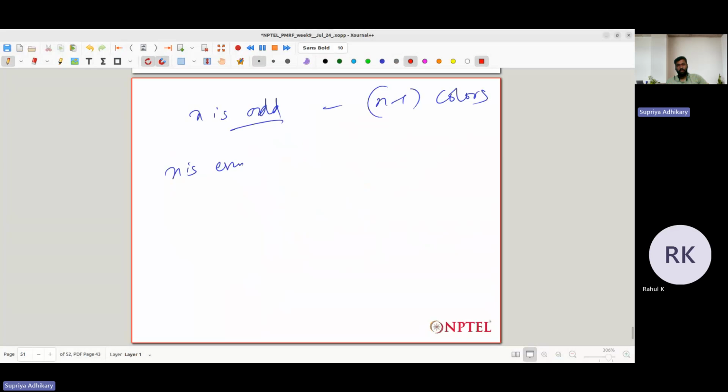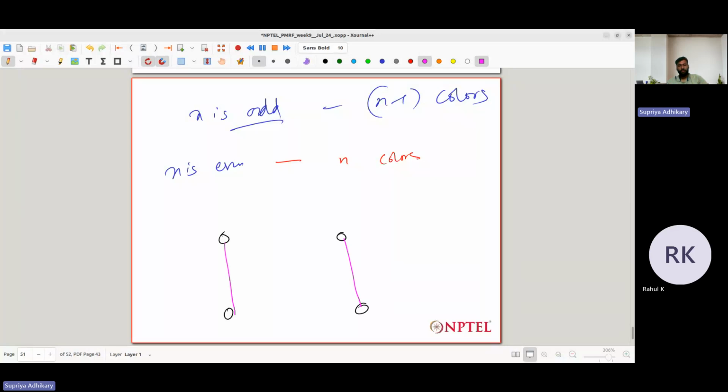And if we use that process, then to color the graph whenever n is even, we need n colors. So for example, we consider K4. Then to find a coloring for K4, the process is like this. First of all, we find a matching like this.